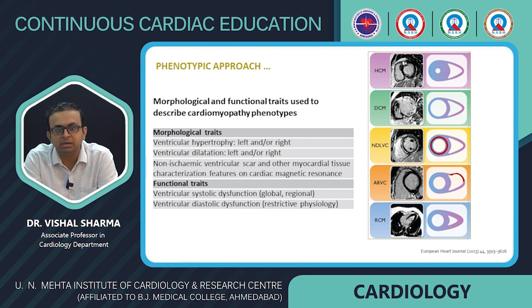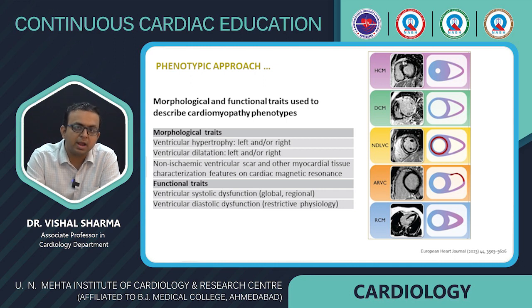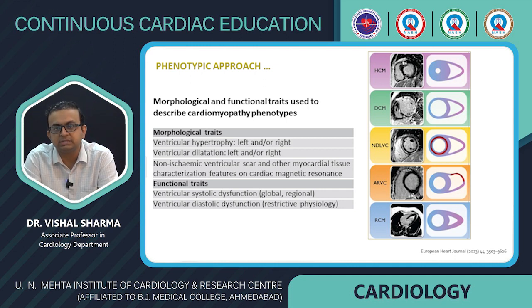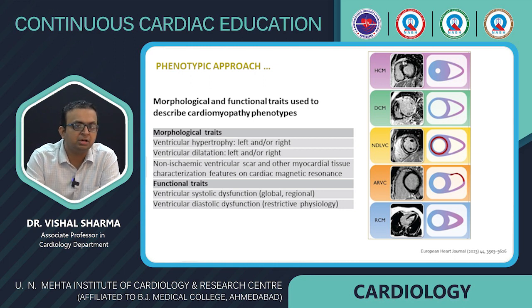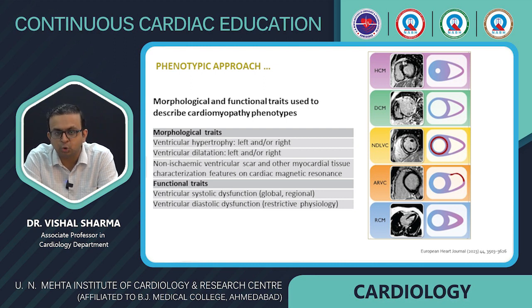So by this simple test of echo, and MRI if available, you can see how the structure of your myocardium is. And finally, with the help of echo, you can also define the systolic function of LV and RV. Is there any global or regional wall motion abnormality? Is systolic function impaired globally or locally in LV or RV?